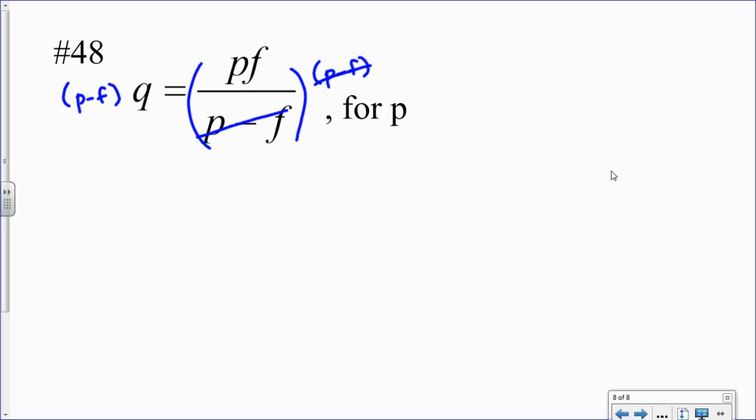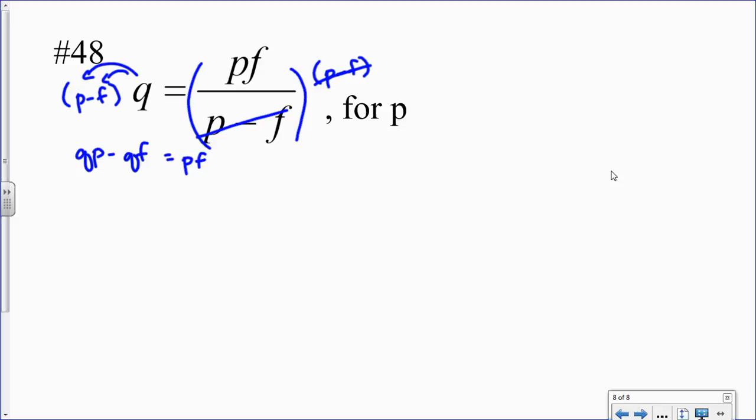Okay, on the left, I have to distribute this q. So qp minus qf equals pf.